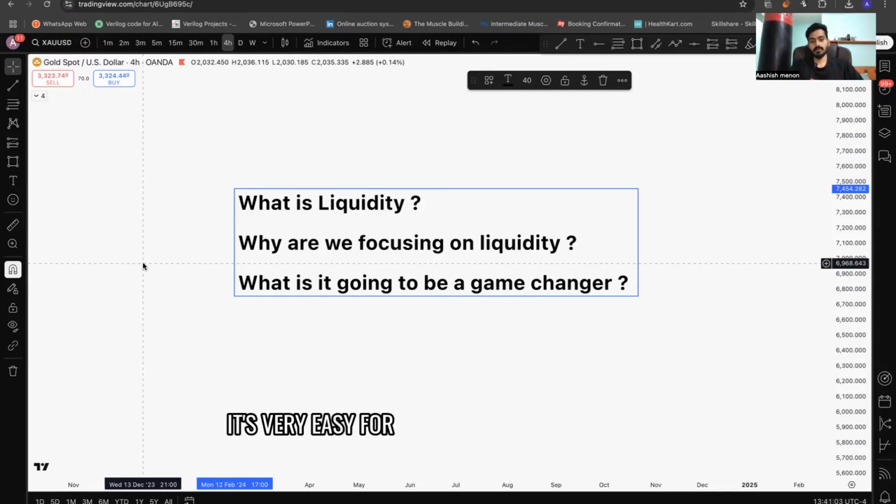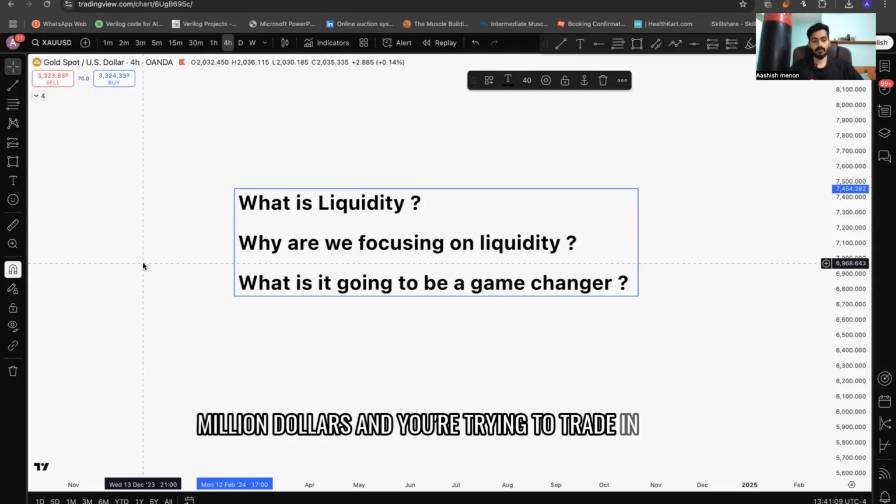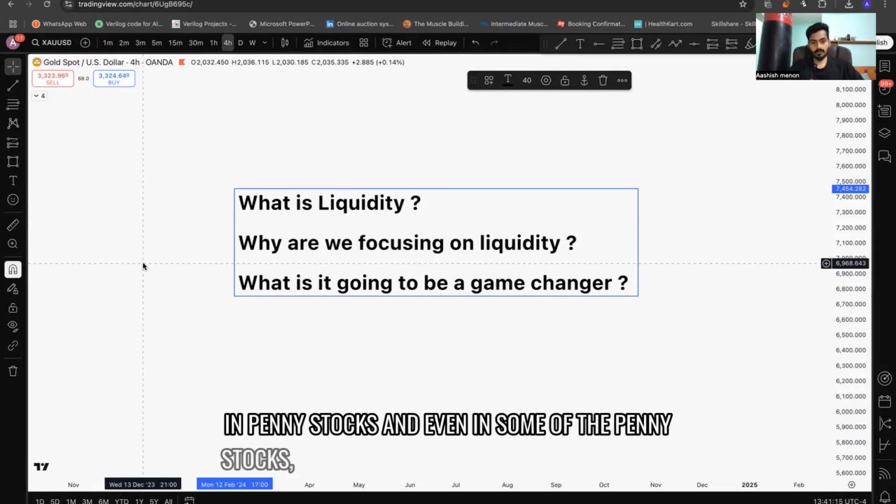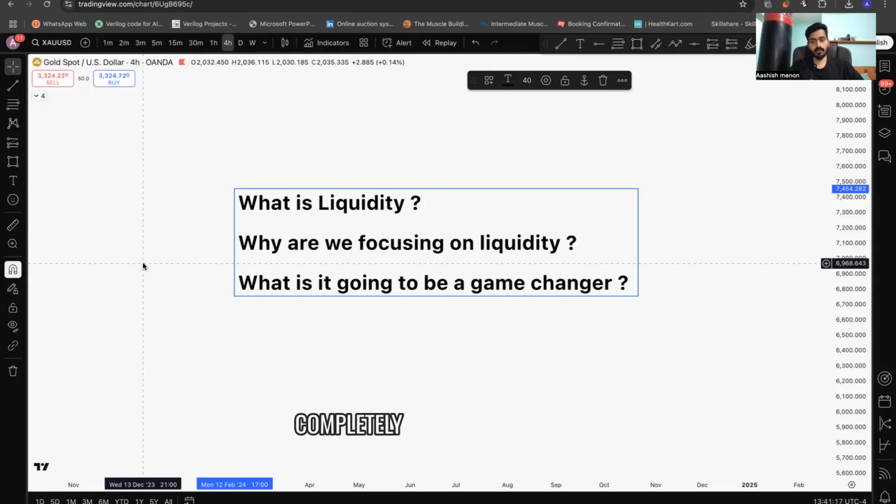It's very easy for us to take a position, even if it's a big retailer. Even if you have like $10 million and you're trying to trade in forex or equity or wherever it is, unless you're trading in penny stocks, and even in some penny stocks, you'll be able to get your order filled completely if you put it in, right?